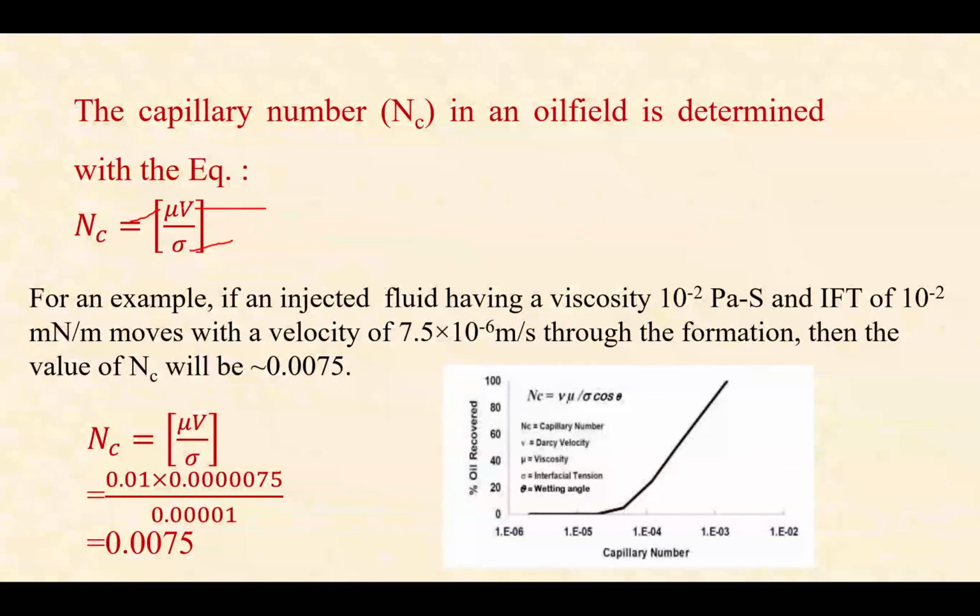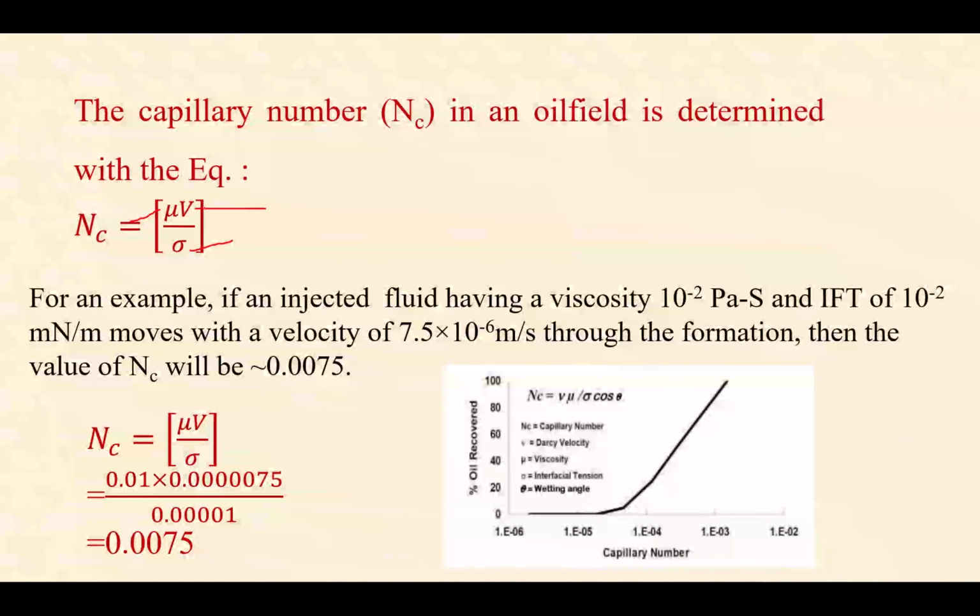Then you can increase the velocity, V, but there is some limitation. The velocity should not be very high. In that case, there will be channeling of the injected fluid, and not only that, the contact time between the chemical slug and the formation rock will be less, and then you cannot get effective recovery.